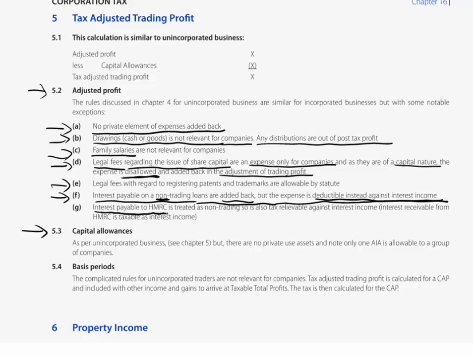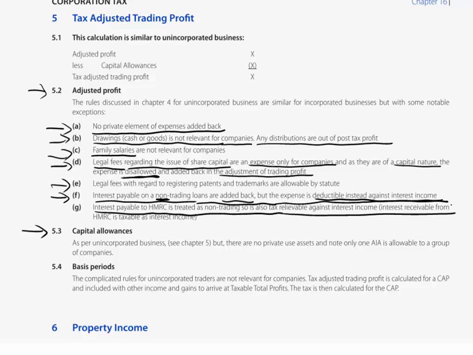Also, interest payable to HMRC treated as non-trading, so is also tax relievable against interest income, but it's not going to be a tax deduction against trading income.